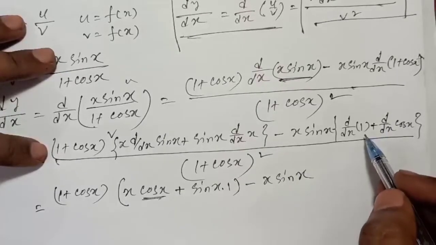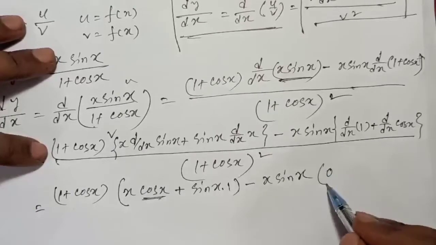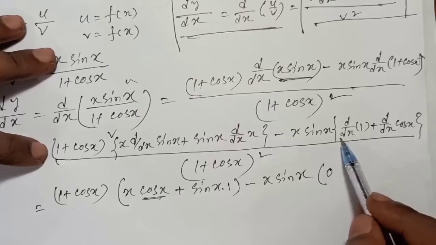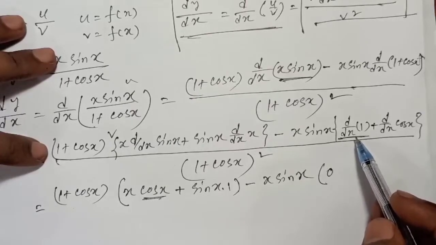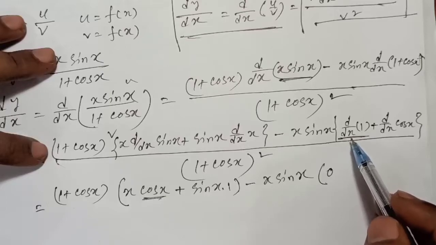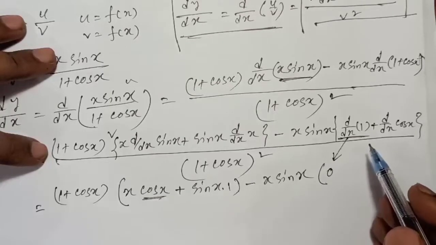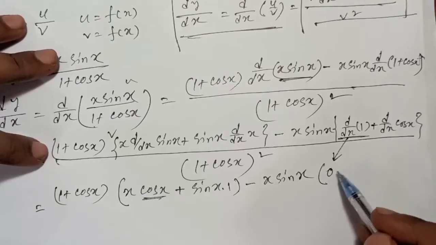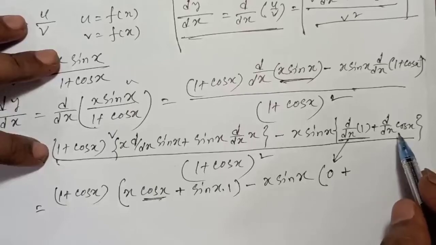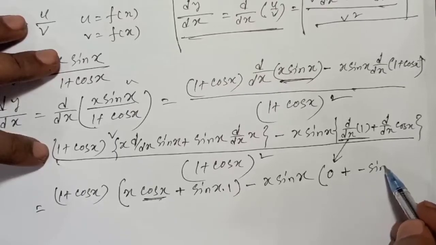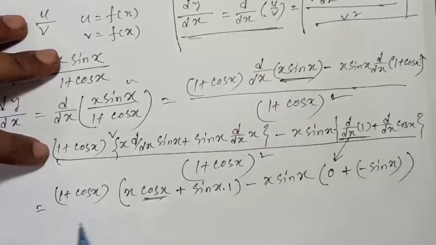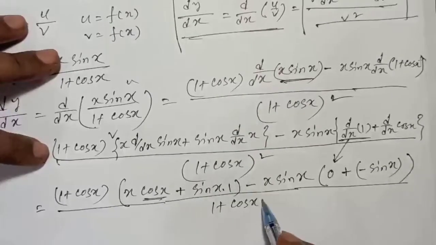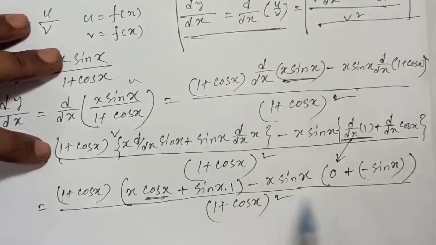The derivative of a constant will be 0, so you must write the 0. You cannot omit that 0 because you are doing the answer, so you must put 0, otherwise the teacher might cut your marks. And then d/dx of cos x equal to minus sin x, over 1 plus cos x whole square. So this is the answer.